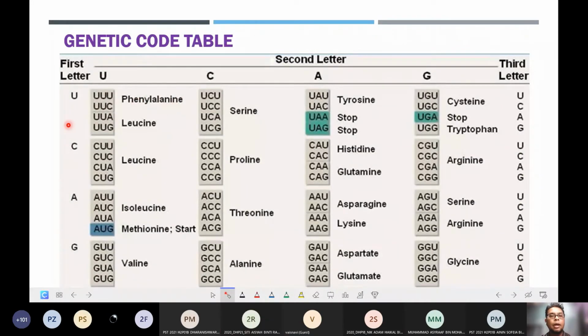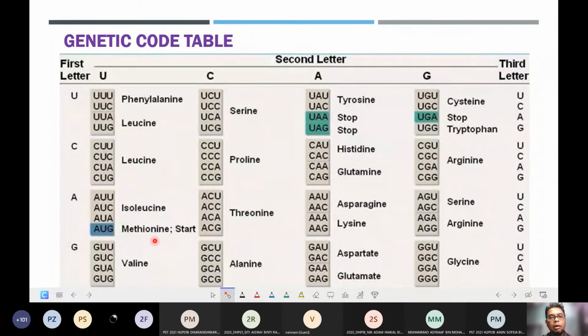For example, if the first letter is U, uracil, the second letter is also uracil, and the third letter is also uracil, the codon will be UUU, and this codon will code for the amino acid phenylalanine. There are many types of amino acids coded by these different codons. Don't worry, you don't need to remember all, but you need to remember four types of codons.